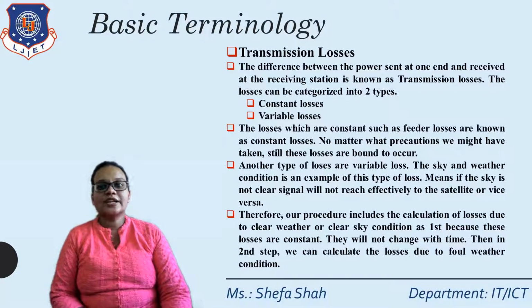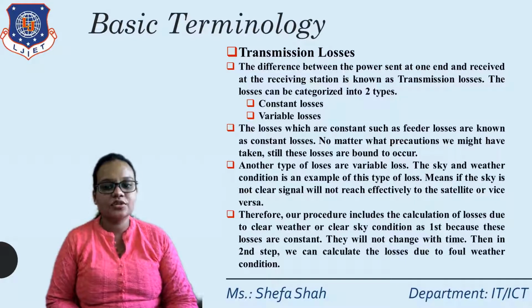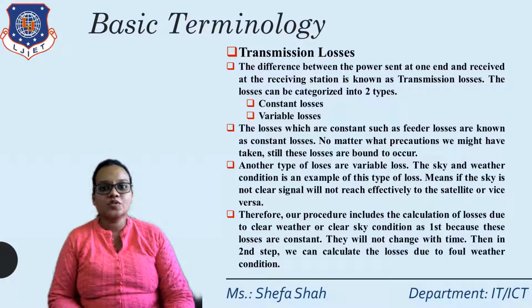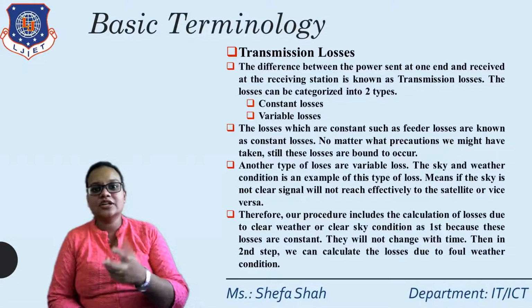Now, another type of loss is the variable loss. The sky and weather condition is an example of this type of loss. If the sky is not clear, the signal will not reach the satellite effectively, or vice versa. When we talk about atmospheric loss, or the weather conditions, that type of loss is a variable loss, because it depends on the type of weather.